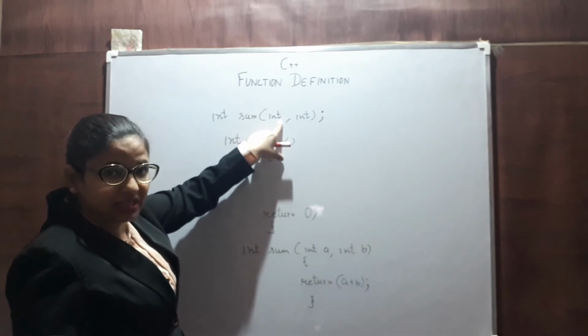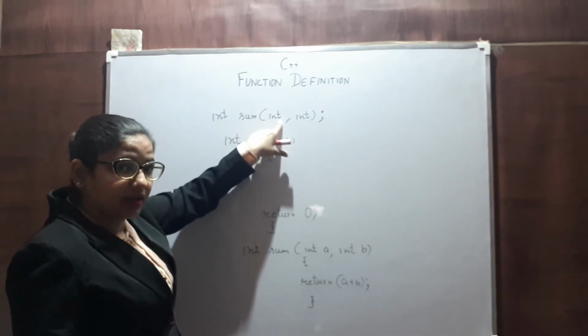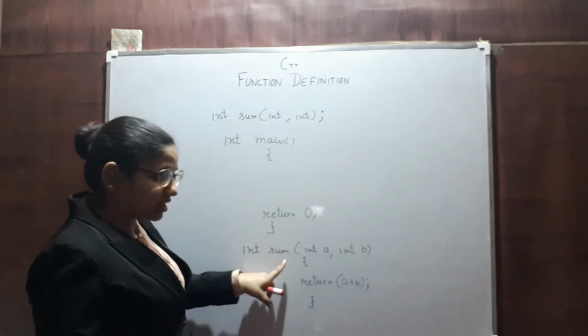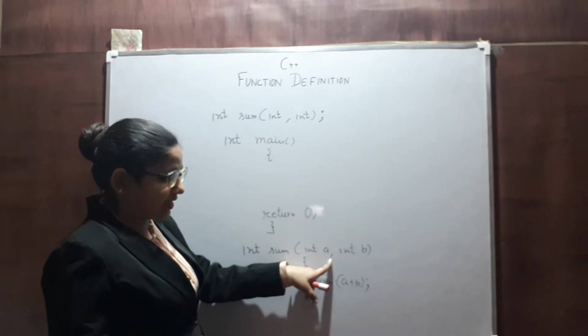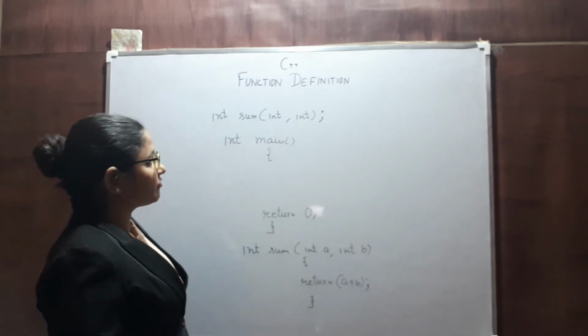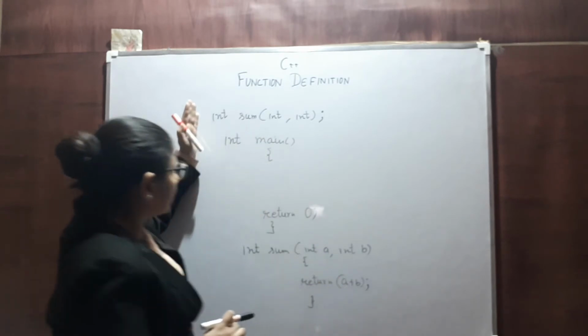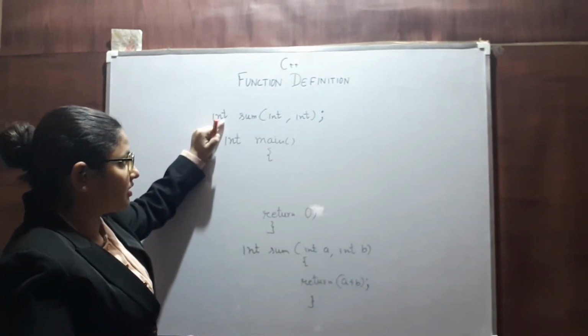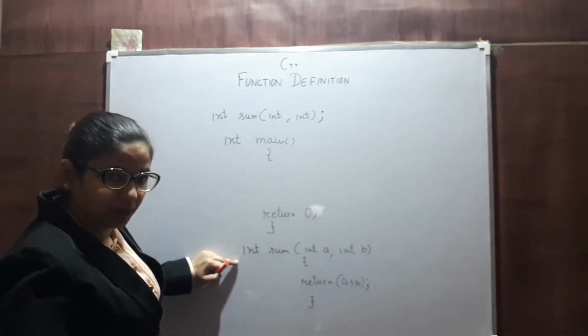So it's not compulsory for you to have variable name in the function declaration part, but in function body, it's compulsory for you to have variable names. Fine. So there is one option, have your function declaration, main, and then function body.